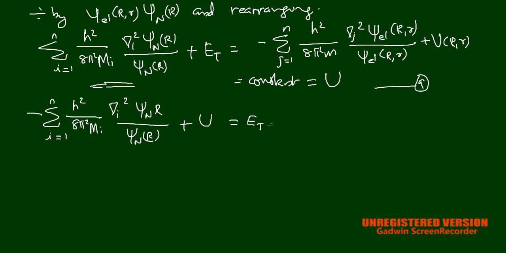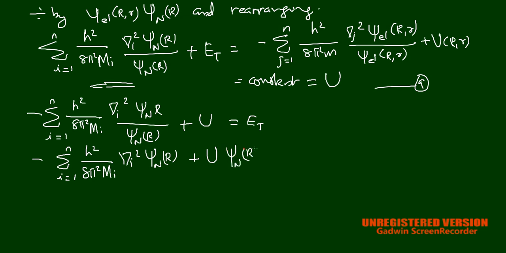Okay, so let me multiply the entire terms in this equation with psi n r. Then I will get minus sigma I equal to 1 to n, h square divided by 8 pi square M I, del I square psi n r, plus U into psi n r, is equal to E_t psi n r.